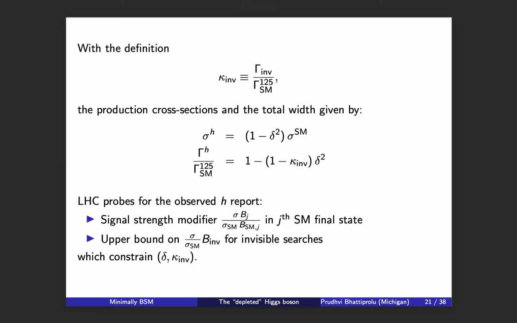And the LHC probes for the observed Higgs often report sigma times branching ratio relative to the standard model sigma times branching ratio in the visible standard model final states. And for the invisible cases, it reports an upper bound on sigma times branching ratio relative to the total standard model Higgs cross section. So with this data, we can now constrain both of these parameters, delta and kappa inverse.